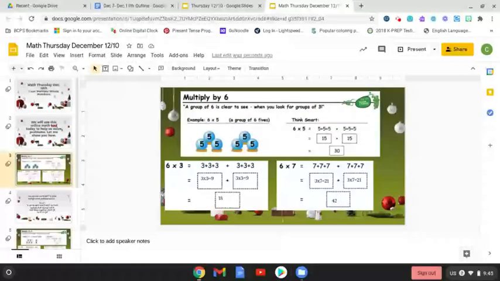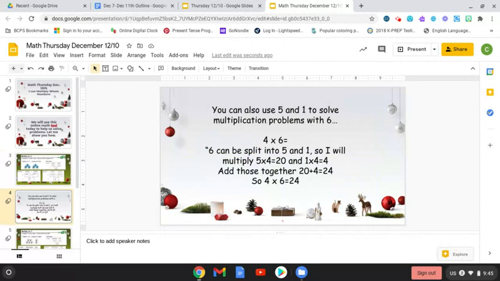Now, let's say that you're not great at your 3s facts yet. You can also use 5 and 1, okay, to do problems with 6. So, for example, the 6 can be split into 5 and 1.